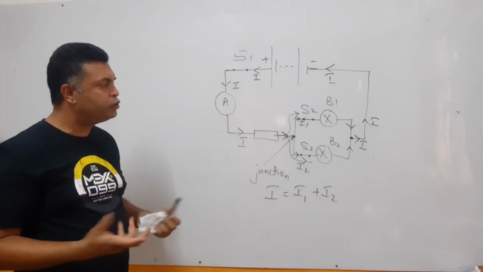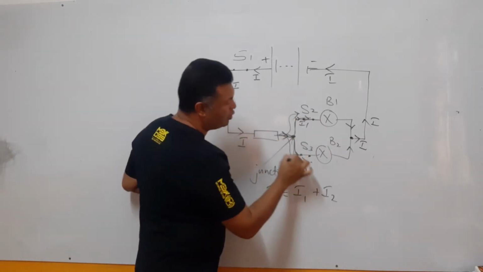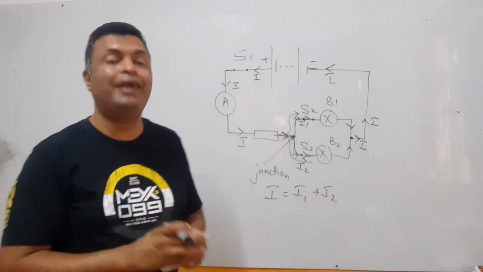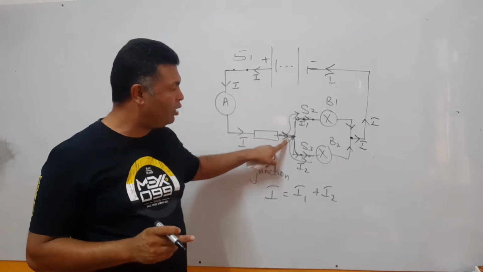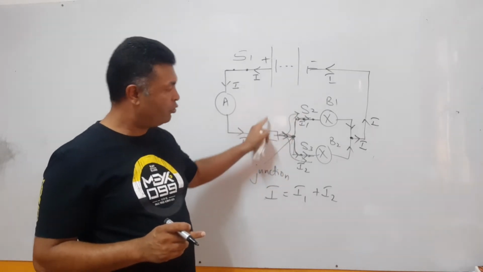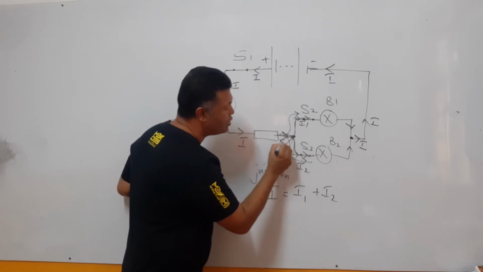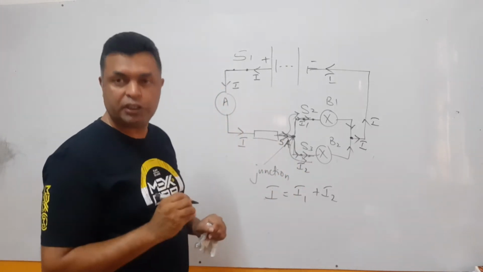This is I1 and I2, the current flowing through B1 and the current flowing through B2. When I add them together, I should get the current coming to the junction. So if I have I here, some goes up, the remaining goes down. If, for example, here I have 5 ampere, current is measured in ampere, voltage is measured in volt.